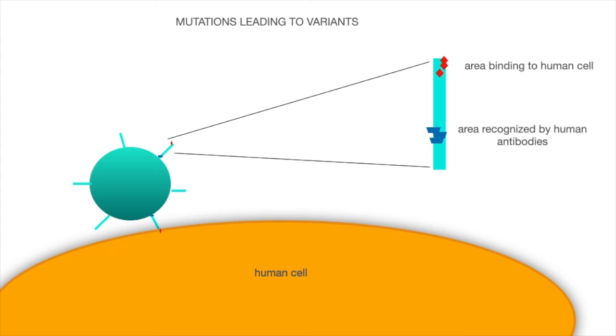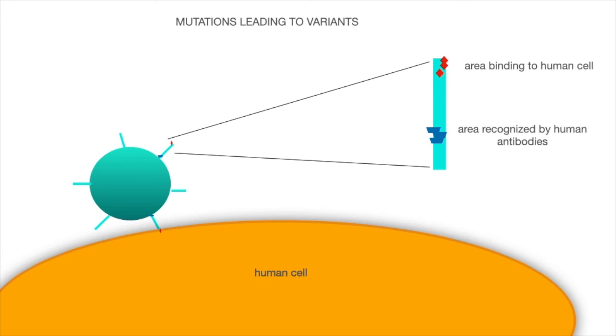And I want to explain to you how the variants work and what they mean for infection and transmission. So viruses, this little green circle is attaching to the human cell, and the virus green circle has spikes on the outside, and it uses those spikes to attach to the human cell. And where the red diamond is, those are amino acids in the protein sequence of the spike that are used to attach specifically to human cells.